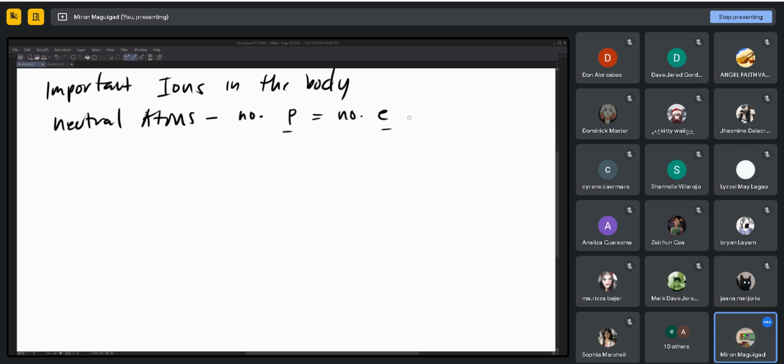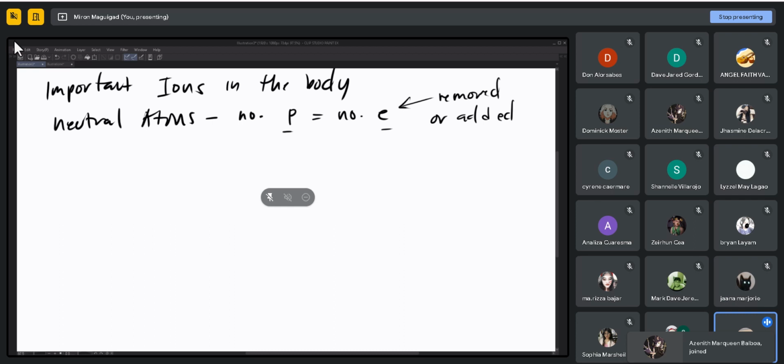What if some of the electrons are removed or added? Okay? Ano mangyayari, sir, kung some of the electrons are removed or added? Let us proceed.